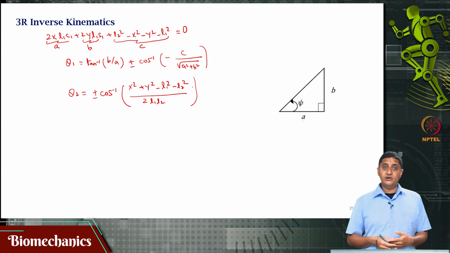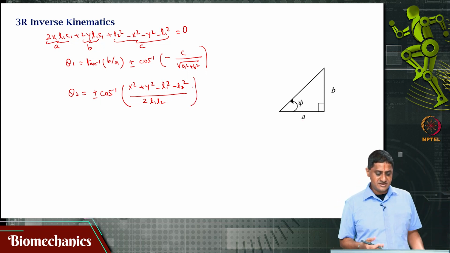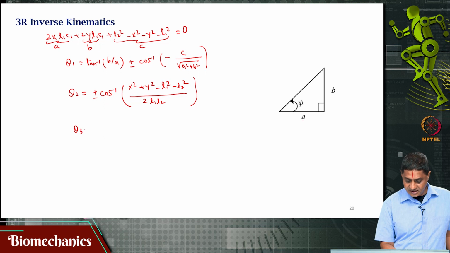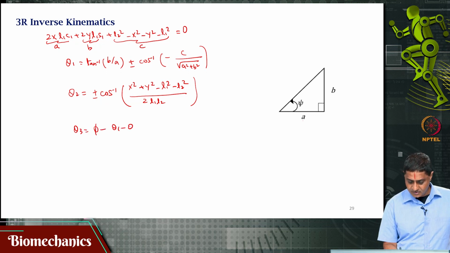And now that I know theta 1 and theta 2, finding theta 3 is easy because I know theta 1 plus theta 2 plus theta 3, which is phi. So, theta 3 would be phi minus theta 1 minus theta 2.